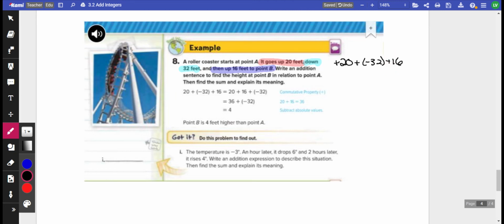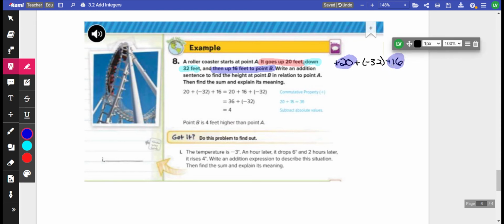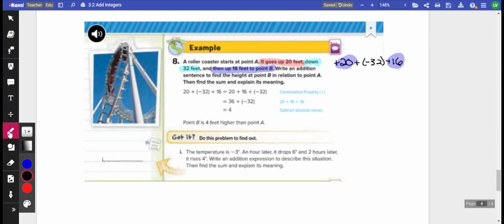Well, I want to put my like terms together, meaning I want to put my positive 20 and 16 together. So I'm going to use the commutative property of addition, which indicates that I can add in whichever order I would like, and I can rearrange my problem.